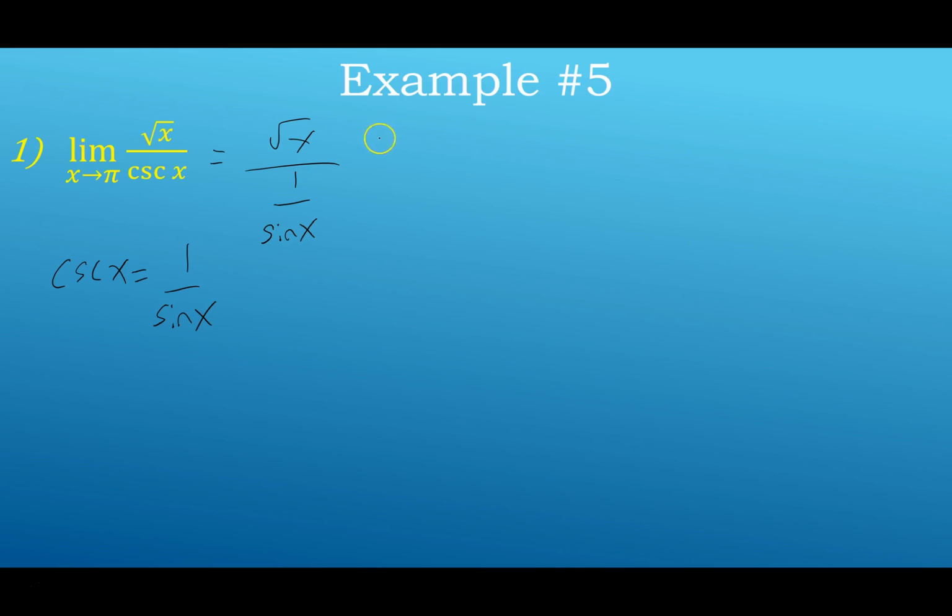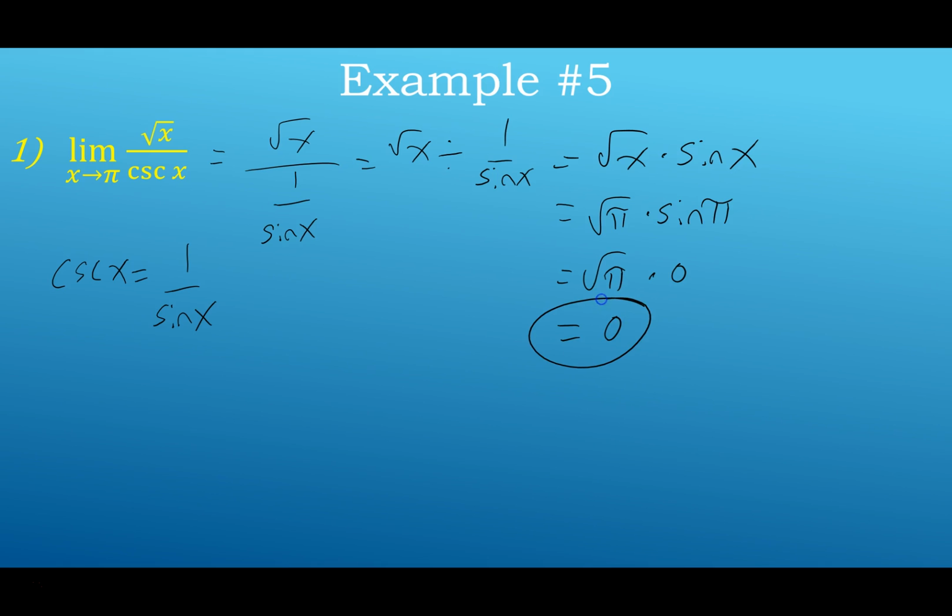So, when I'm dividing a fraction, remember it's multiplying by the reciprocal. So when I have the square root of x divided by 1 over sine x, this becomes the square root of x times sine of x. So I now have the square root of pi times the sine of pi, which is square root of pi times 0, which is just simply 0.